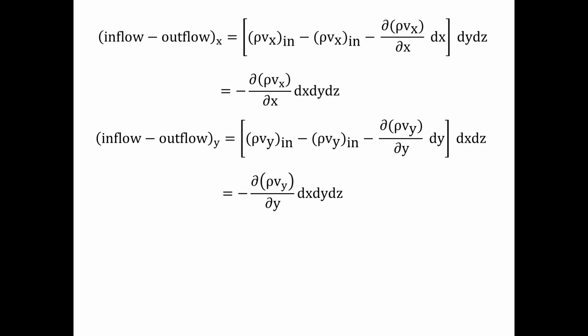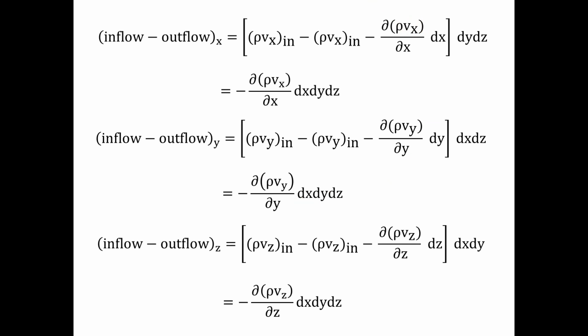All the same principles apply. We end up canceling these two terms. The dy is multiplied by the dx and the dz, and we end up with this expression here, which is very similar, but it's the derivative in the y direction of the mass flow in the y direction.